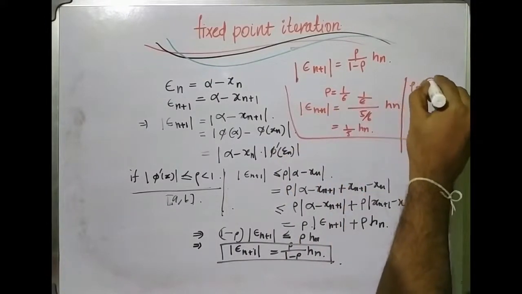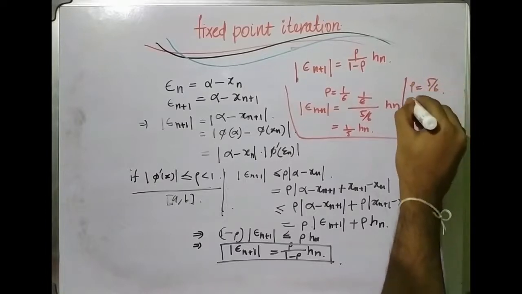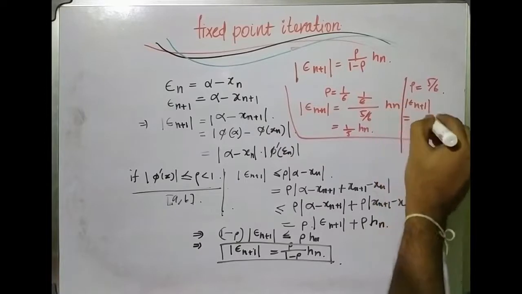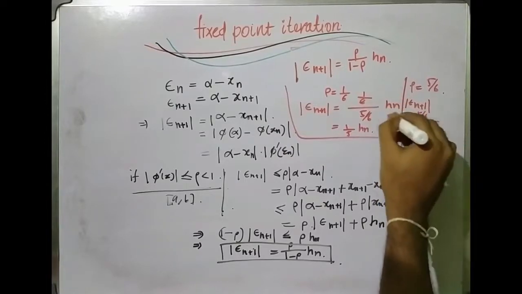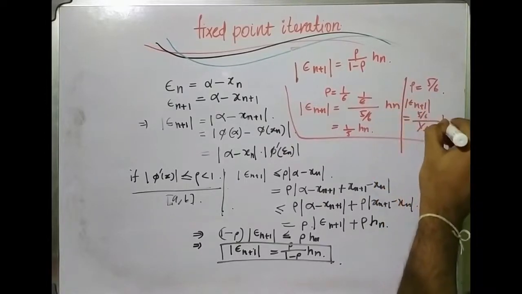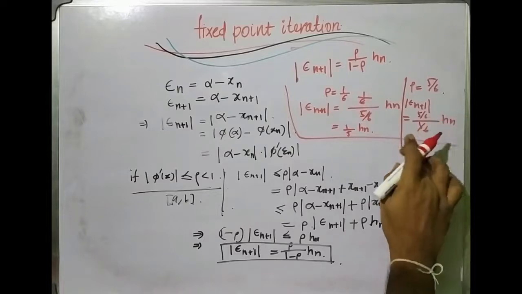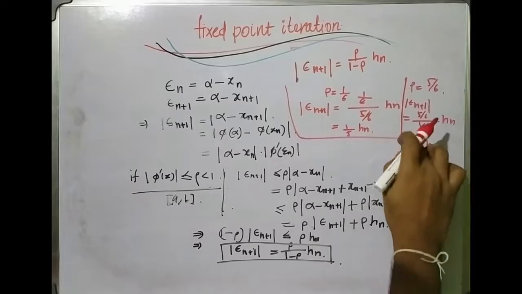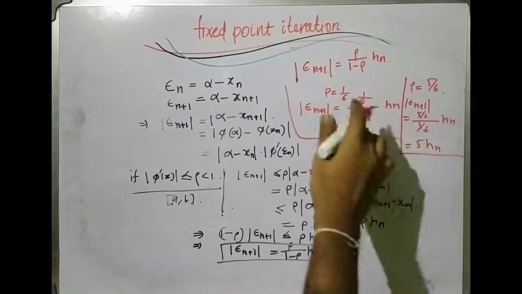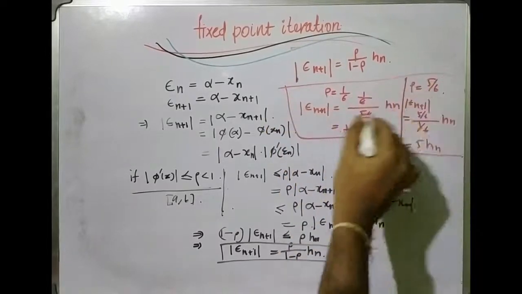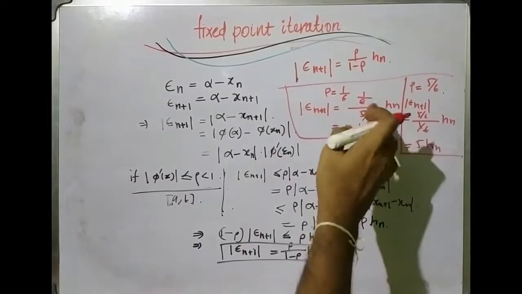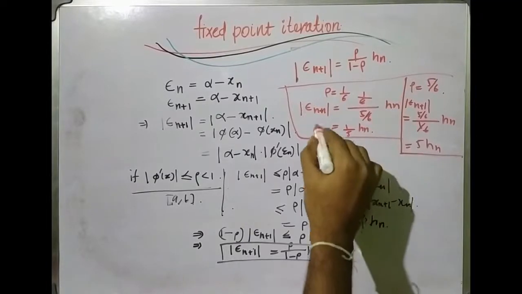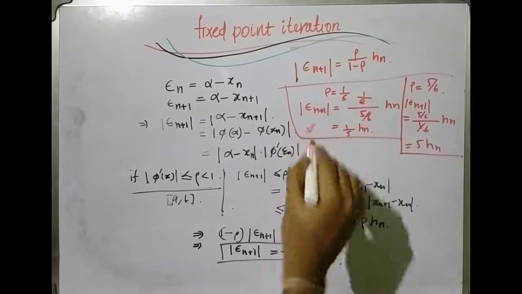And if rho equals 5 by 6, then what is epsilon n plus 1? Equals 5 by 6 divided by 1 minus 5 by 6, that is 1 by 6 hn, which will give 5 hn. So you can see from these two examples, if rho is very small, then the error will be less.